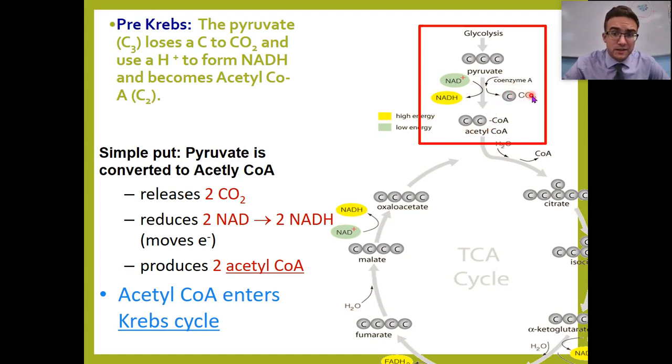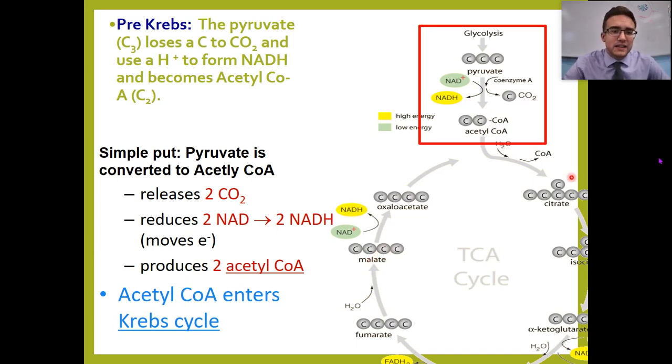That carbon gets picked up by oxygen, making CO2. We also form another NADH during this process. So simply put, pyruvate is converted to acetyl-CoA. In that production, we say we get 2 CO2, 2 NADHs, and 2 acetyl-CoAs.